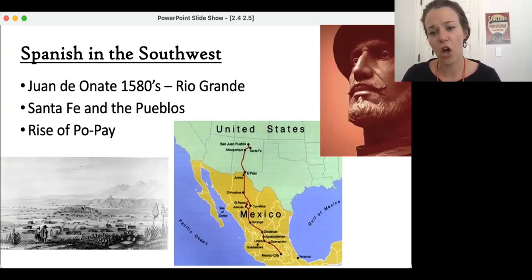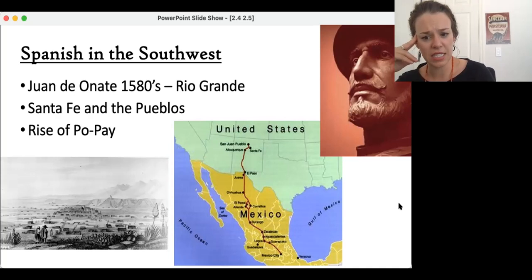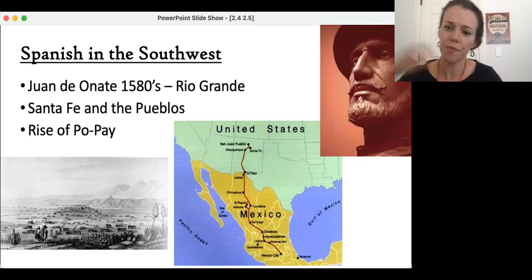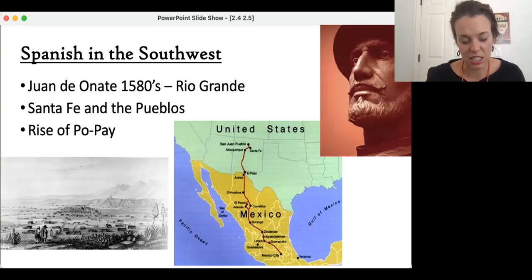But this effectively halts Spain's push for empire northward. By the 1690s, the alliance between the different Pueblo Indians had broken down, and Spain was able to conquer the territory, right? So they only hold on to this for 12 years. Then Spain takes over again, but they will be much more tolerant.